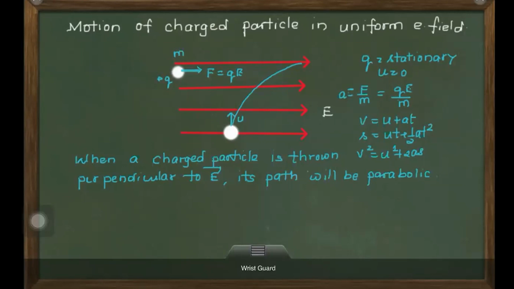So suppose I'm taking this one Q1, this one Q2. In both the cases, the force will be in the same direction, F is equal to QE, and hence the acceleration will be QE upon M, irrespective of whether this is moving or not moving.